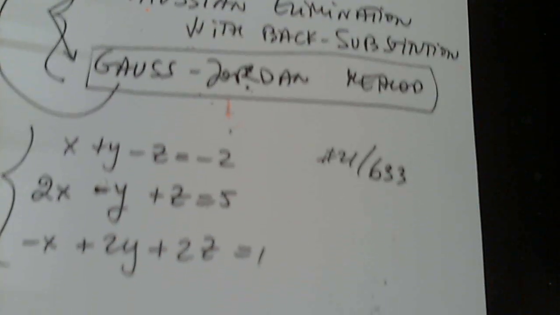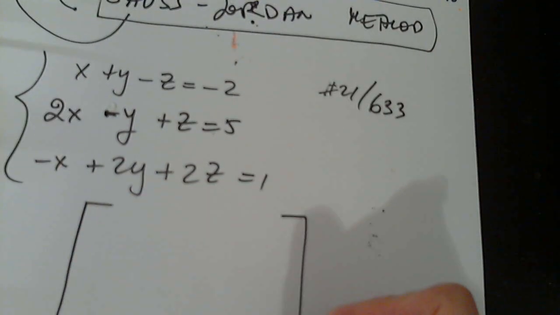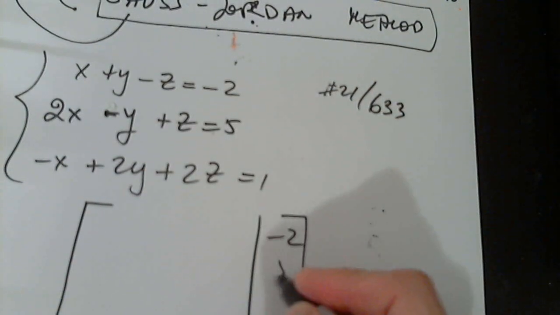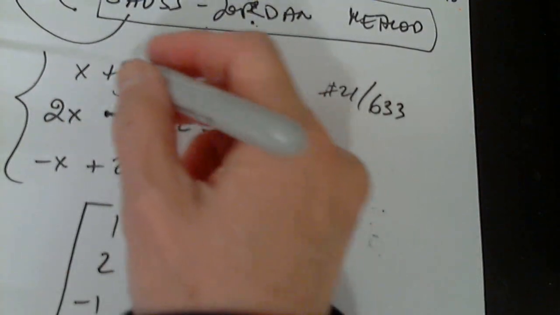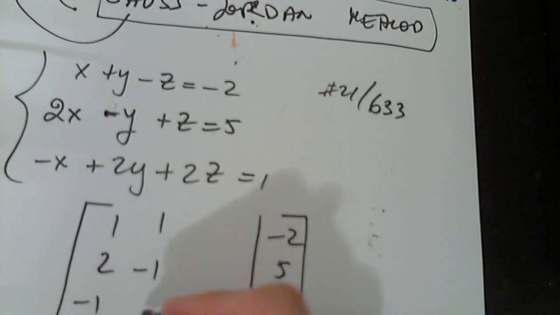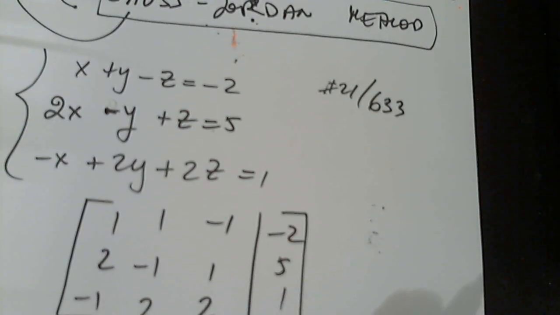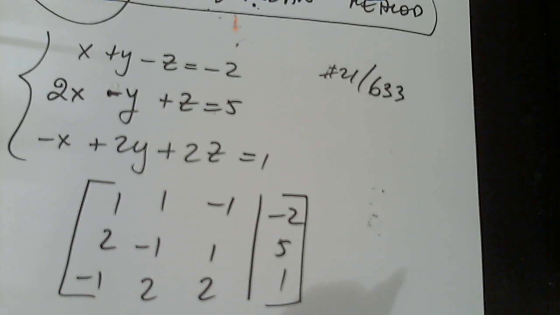So first of all, what we know already is the augmented matrix: 1, 1, -1, -2; 2, -1, 1, 5; -1, 2, 2, 1. This we know from last time. That's the augmented matrix.